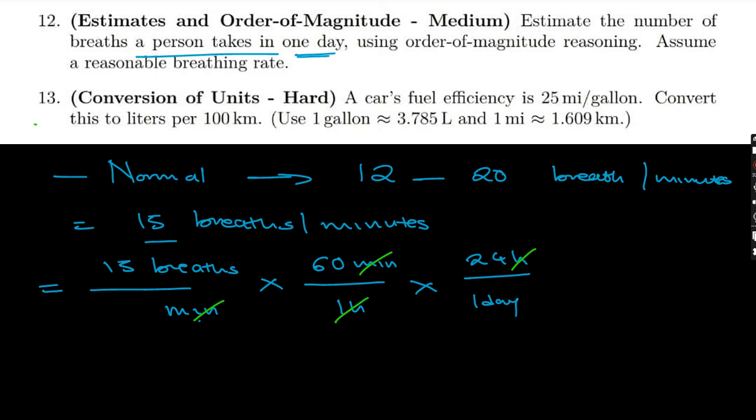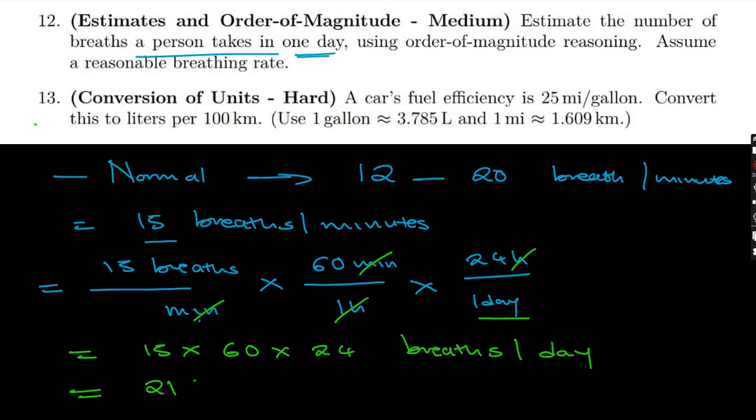So here it means that we are going to have 15 times 60 times 24, then on top we have breaths. We remain with the day down there. So our answer now, when you multiply that, is going to be 21,600 breaths per day there.